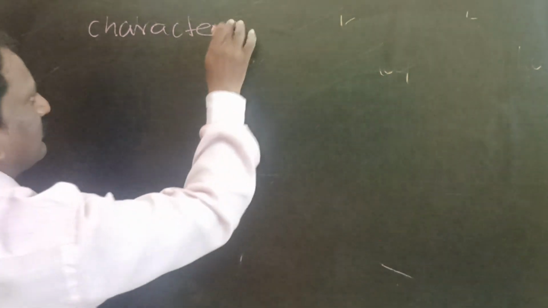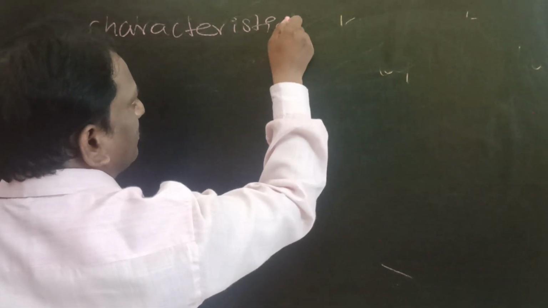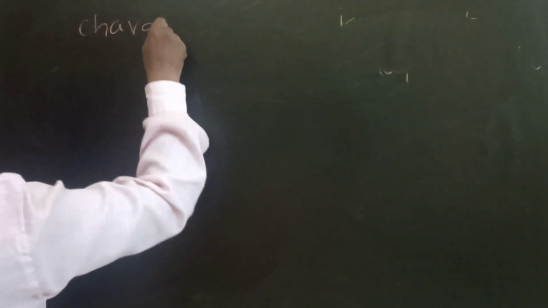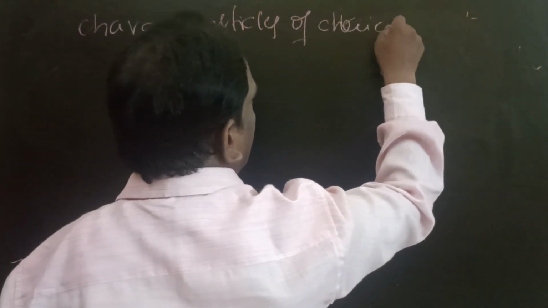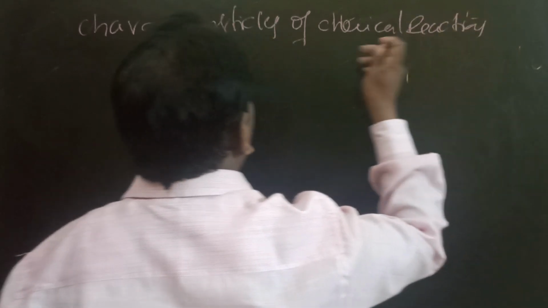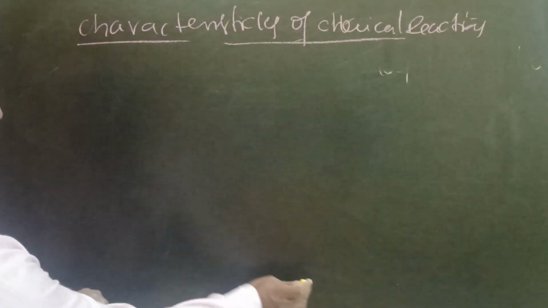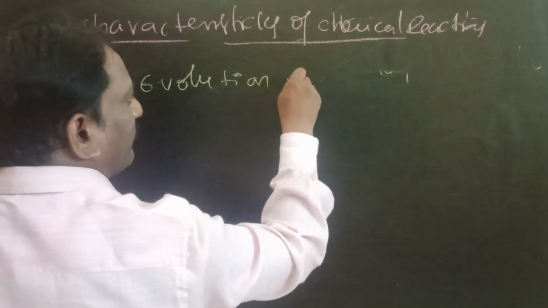Characteristics of chemical reactions. Let me write how many are there. The first one is evolution of gas.